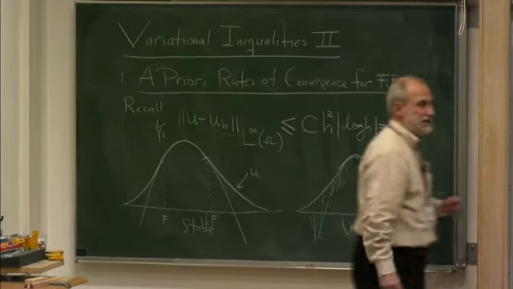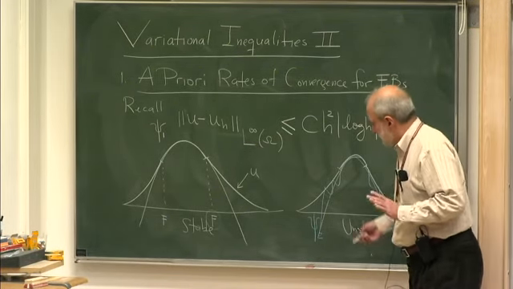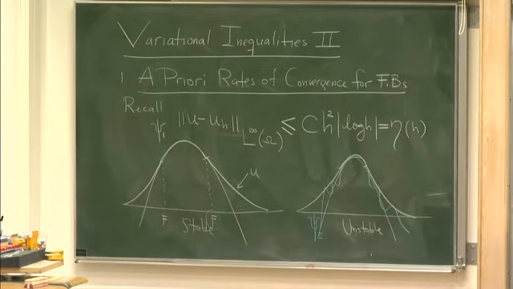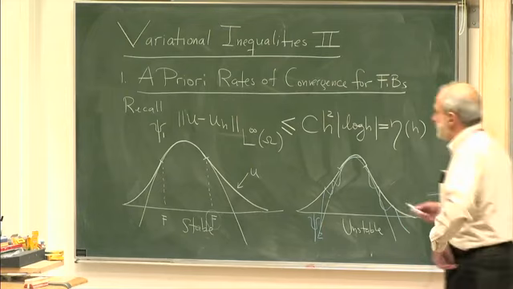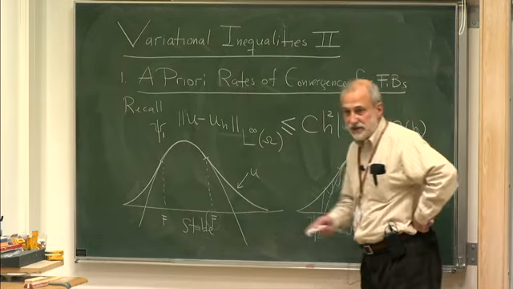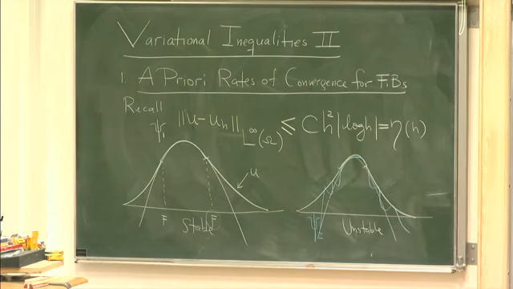So that tells us that if we want a result that reads something like the discrete free boundary, whatever that means, is going to be close to the true free boundary, we need to get around this situation. Otherwise it's hopeless.